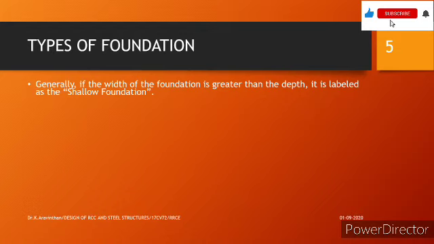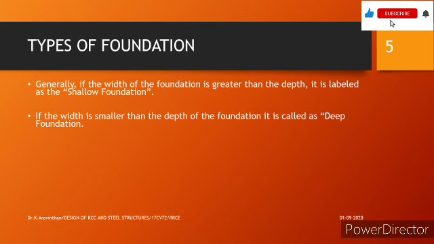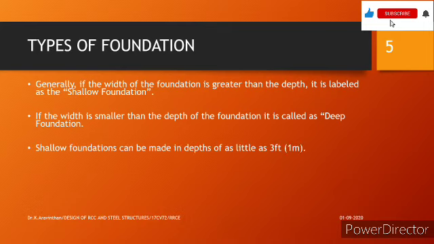So if this breadth is greater than the depth, then it is labeled as a shallow foundation. If the width is smaller than the depth, that is, the depth is from the natural soil level to the level where you lay your footing, then the foundation is called a deep foundation.